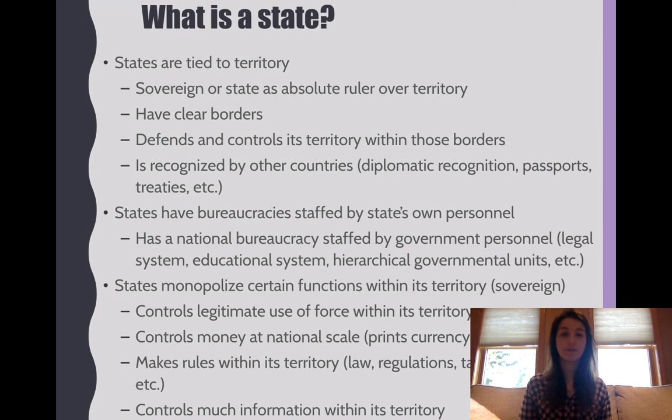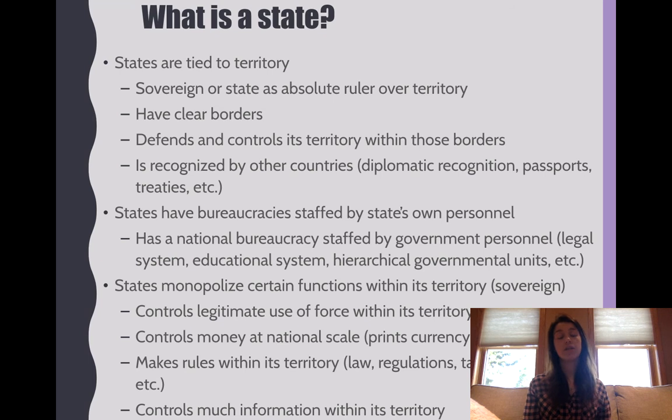So states continue. States are tied to territory, and like I mentioned, have very clear borders, and they can defend their own state as well. And states are controlled by a government. It doesn't matter what type of government. Remember, we've looked at many types of governments: oligarchies, democracies, republics, totalitarian governments. Whatever the state is has some kind of government that controls what happens inside.